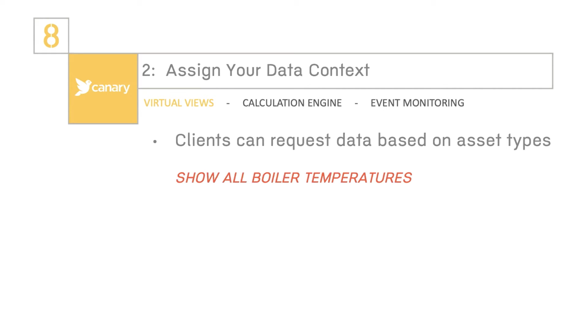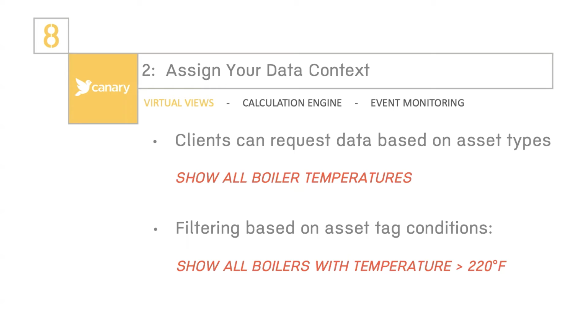So I potentially can just say, you know what, show me all the temperatures for boilers, or show me all the boilers where my temperature is above a certain amount of degrees. So it really makes analytics on top of the historian data extremely flexible. A little time you spend creating these assets in your data model will save you a lot of time creating dashboards and linking up tags, and I'll show you that in the demo as well.